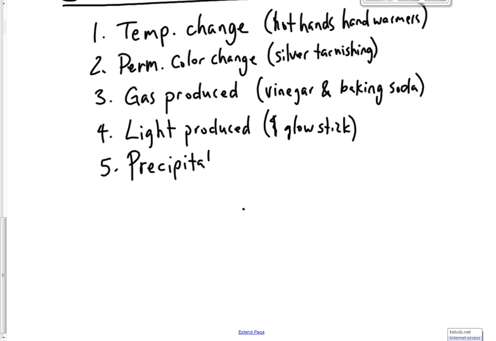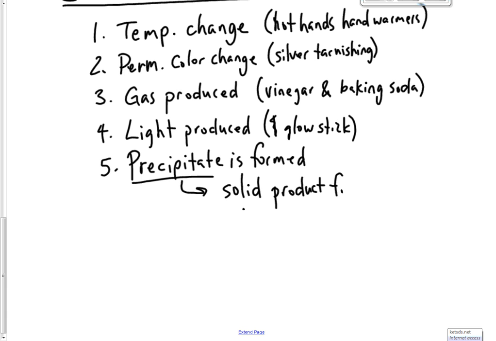a precipitate is formed. Okay, so a precipitate is a solid that comes out of 2 liquids. So solid product, 2 liquid reactants.